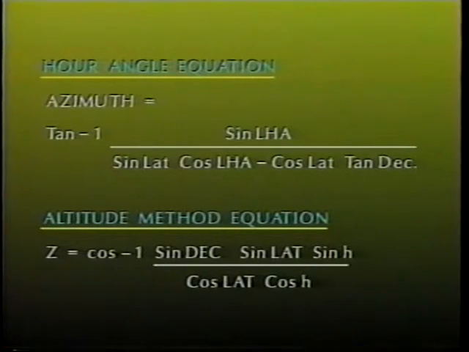If we had to correct H for refraction and parallax, then it might be a trade-off. You're going to have to decide which is going to take the least amount of time. In this problem, the altitude method would be the one to use because H is given corrected for refraction and parallax. Now, after all of that, why are we using the hour angle method? So that you'll get instruction in how to compute LHA.